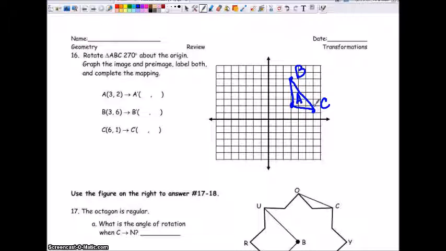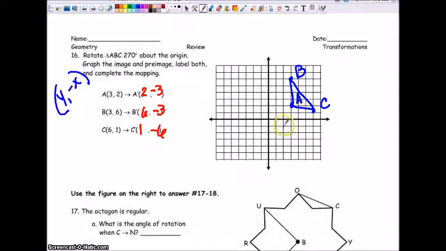And I have my original triangle. If I look at my thinking map, I notice that when you rotate 270 degrees, it's (y, -x), which means you swap places and change the sign of the x. So for my new points, I'm going to have (2, -3), (6, -3), and (1, -6).